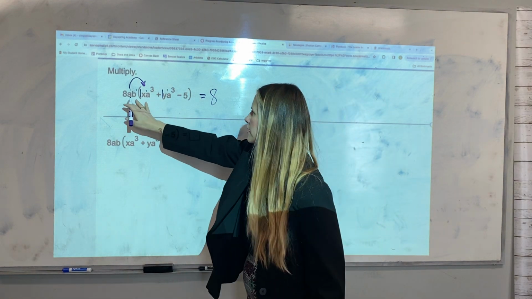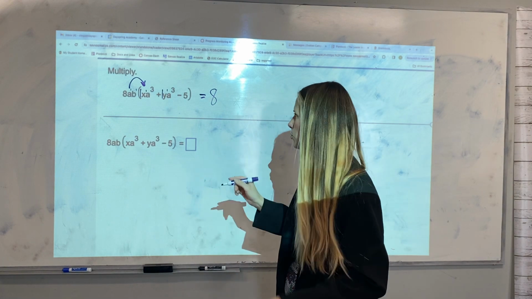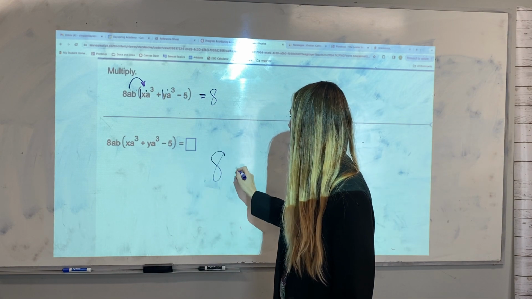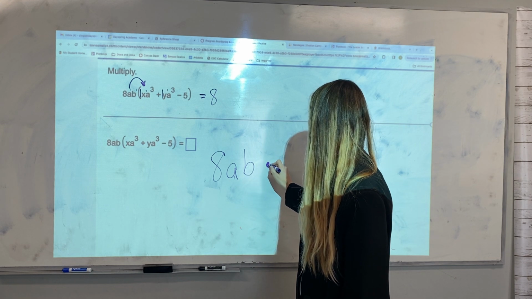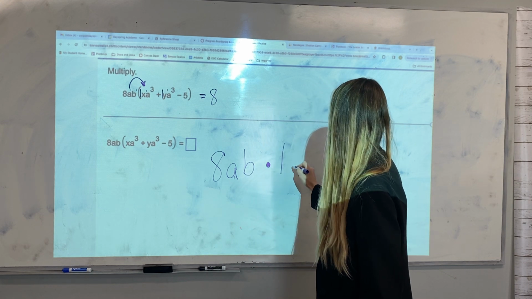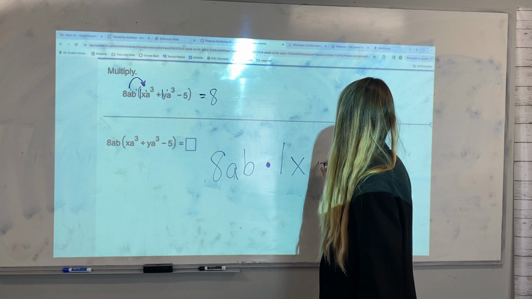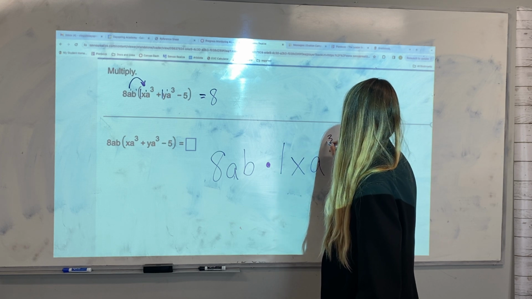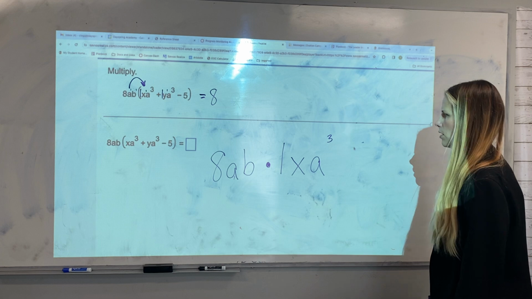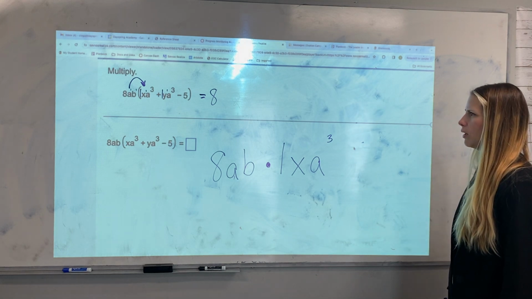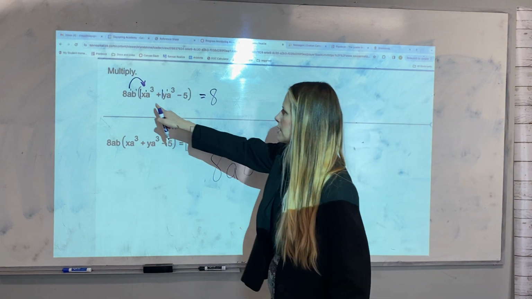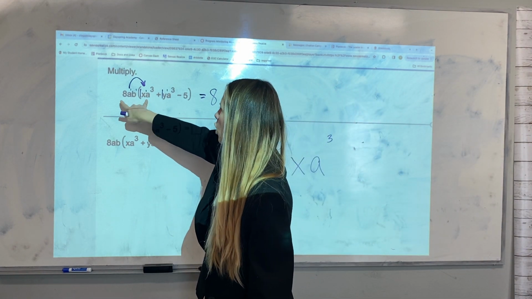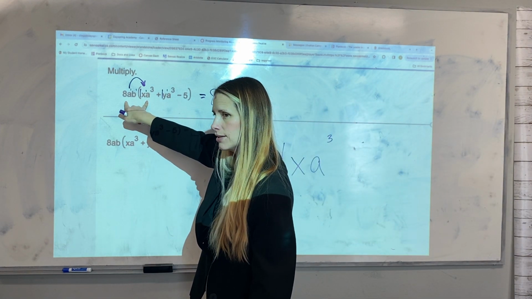I'm going to write this down here so we can zoom in on it, okay? 8ab times 1xa cubed. Well, what happened to the parentheses? What do you mean, what happened to them? The parentheses indicate multiplication.